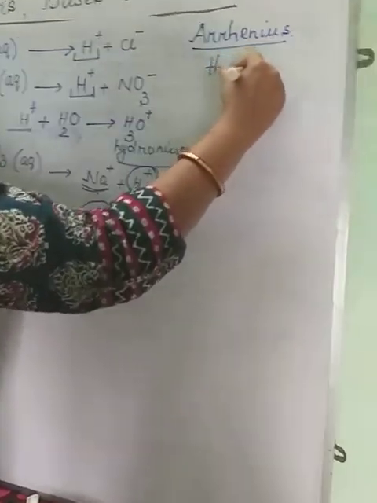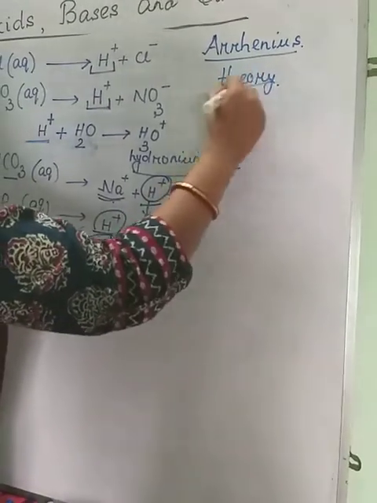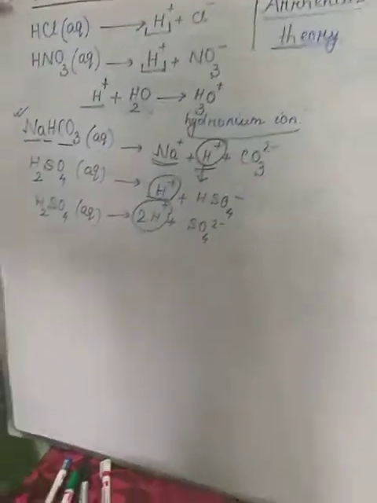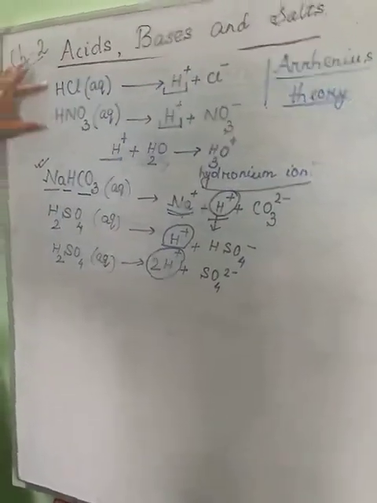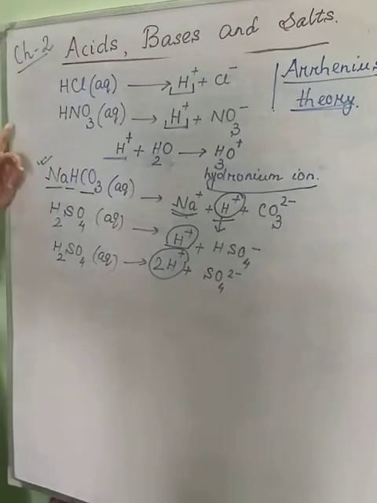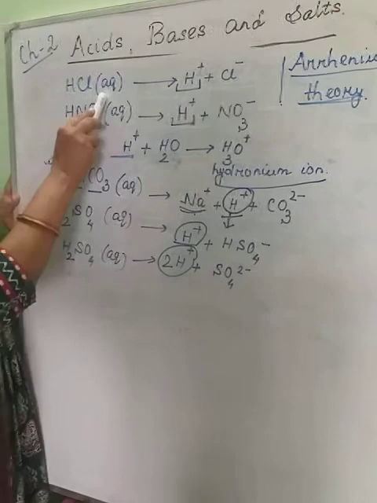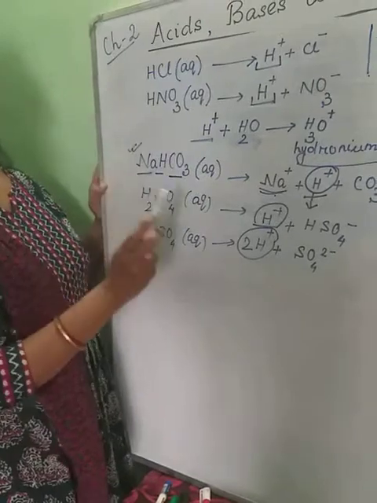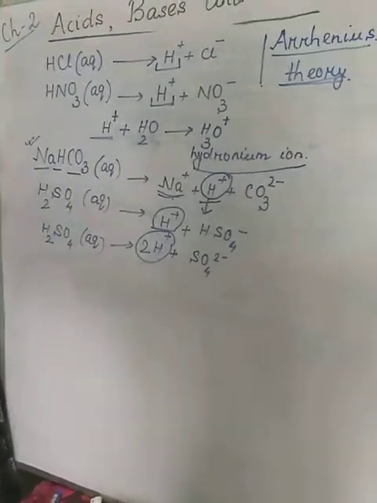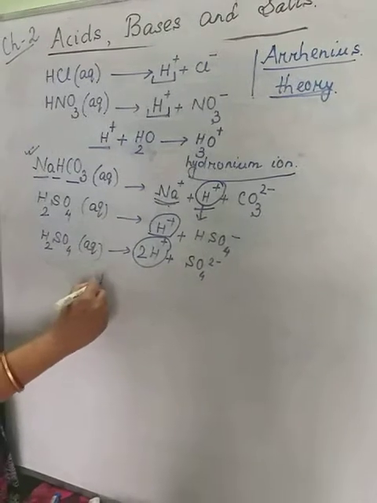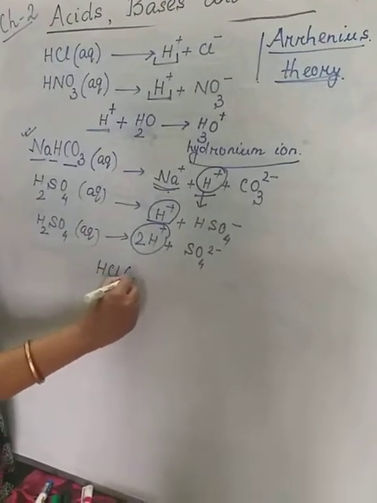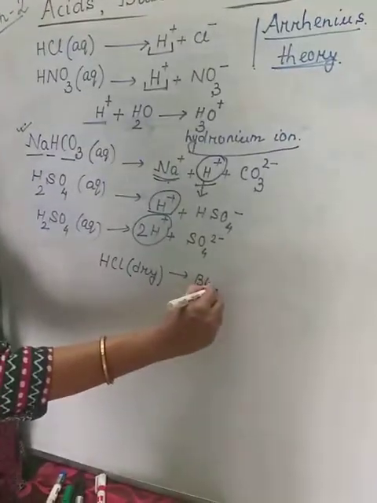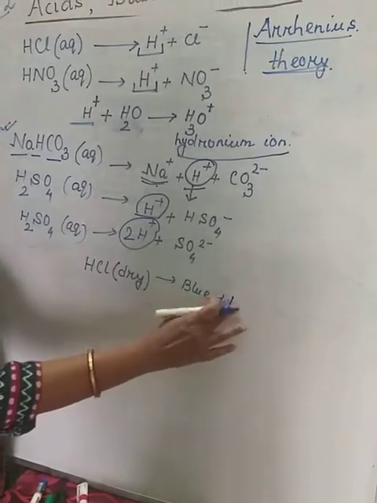Later on in higher classes you will study this, and this concept actually includes the acidic behavior of only those substances which are soluble in water, because every time I am telling that in aqueous solution they are releasing hydronium ion as the only positive ion. You will be surprised if we pass dry hydrogen chloride through blue litmus paper, it will still remain blue.